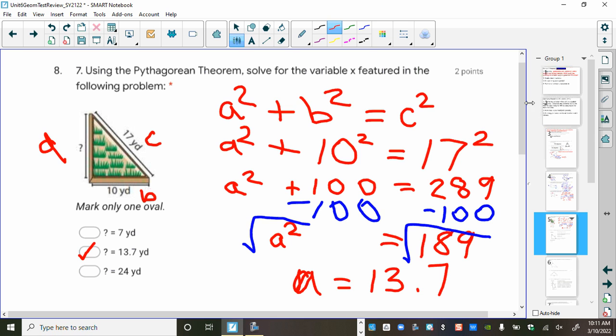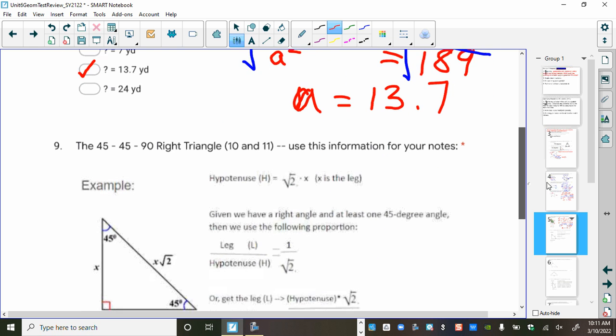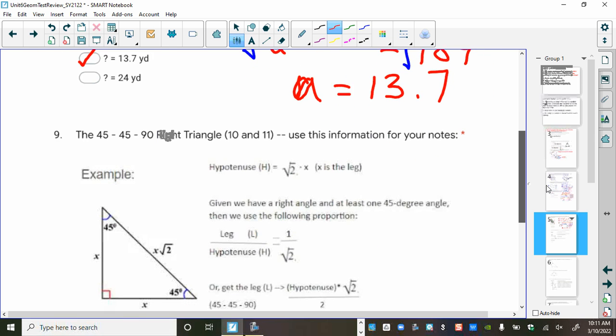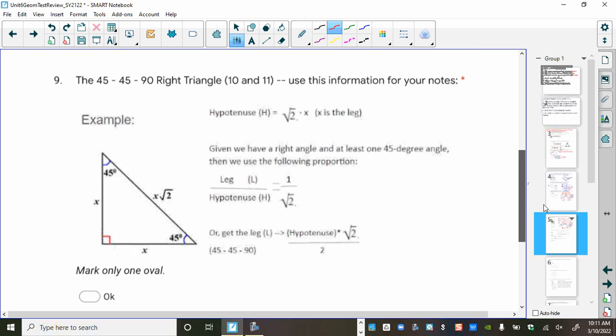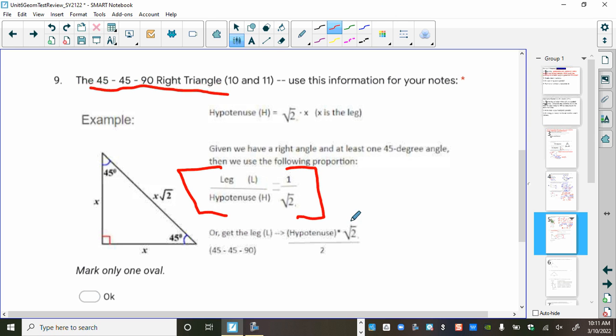Now, the second part, I know I'm not the biggest fan of how this printed. But basically with the 45, 45, 90 right triangle, this is your proportion. Leg over hypotenuse.